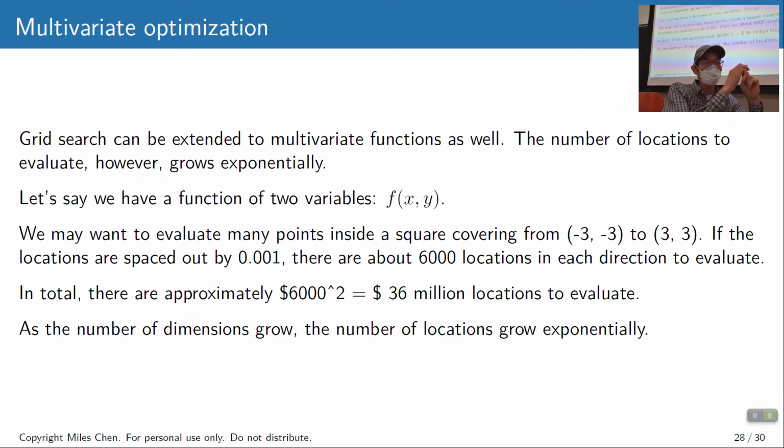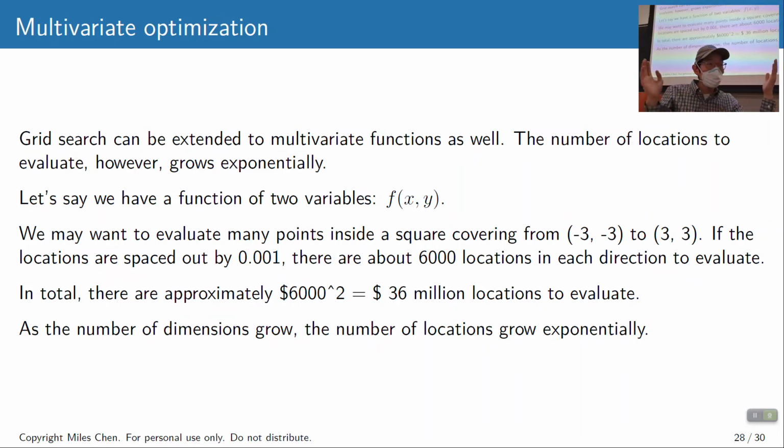You'd have 0, 0.001, then 0, 0.002, 0, 0.003, and so on. And then you'd have 0.001, 0, then 0.001, 0.001, 0.001, 0.002, and so on. You'd have 36 million of these locations.